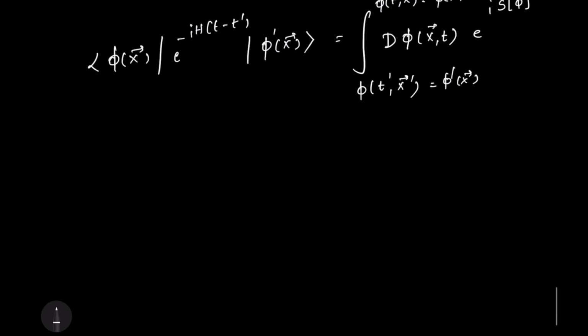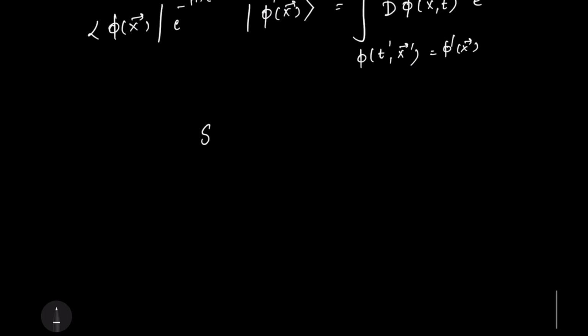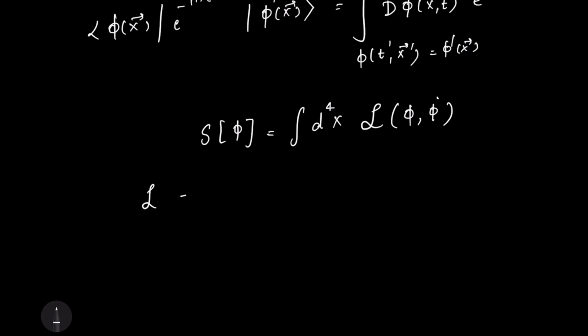Okay, and here the action S of phi is equal to the integral d^4x of the Lagrangian density, which is a function of phi and its derivatives. The Lagrangian density is given by minus half (del mu phi) squared minus V of phi.